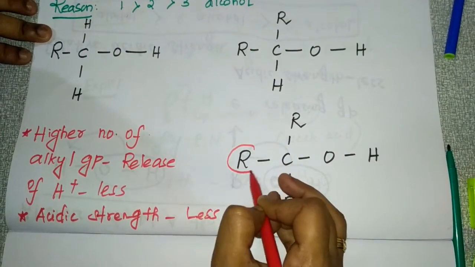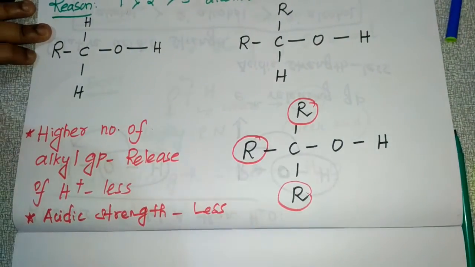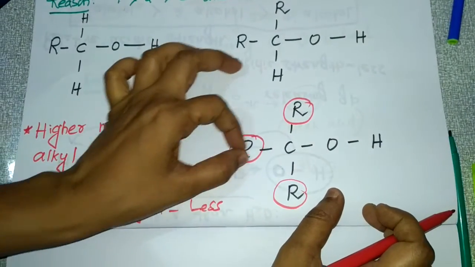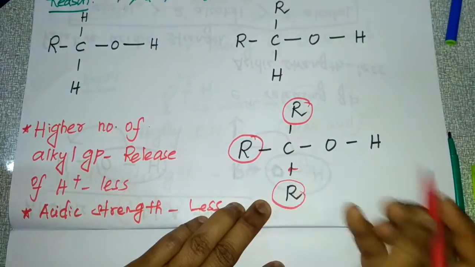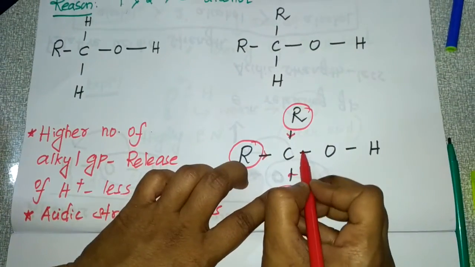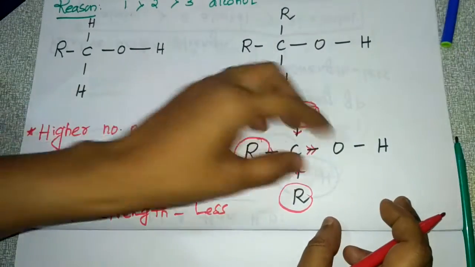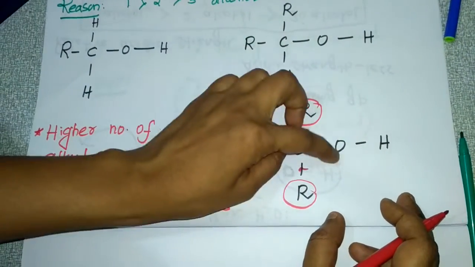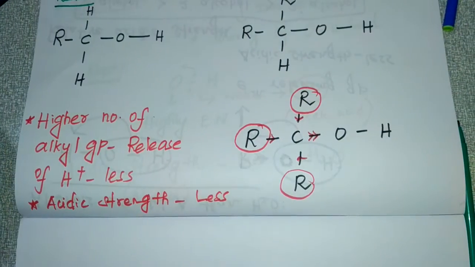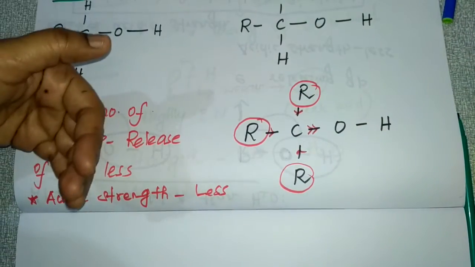Here, this is a tertiary alcohol. More number of alkyl groups are there. So all these three alkyl groups will release electrons to this carbon atom, and this carbon will release electrons to this oxygen atom. So this oxygen will have more electron density, and definitely it will not take the electrons from hydrogen.